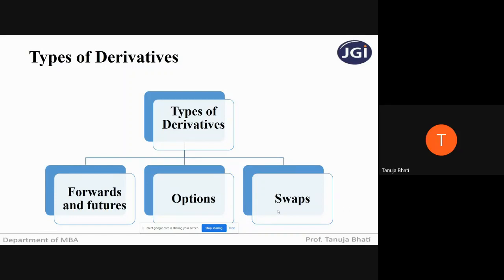Swap means exchange of a fixed cash flow for a floating cash flow. So swap contracts are usually entered into for financial instruments which keep on fluctuating and are not fixed, like interest rate swaps, commodity swaps and currency swaps. So a swap is again a type of derivative.